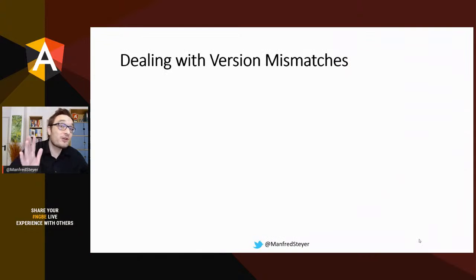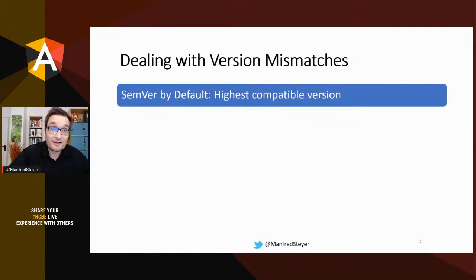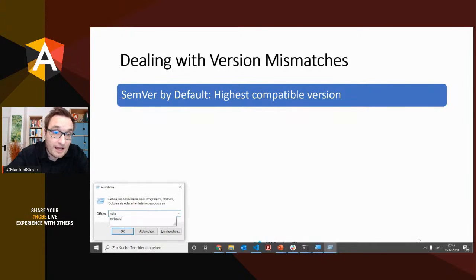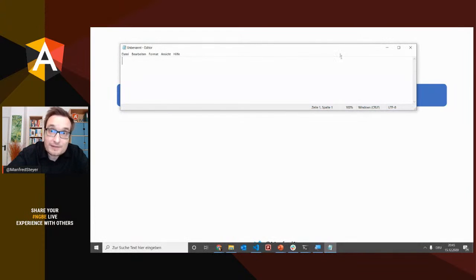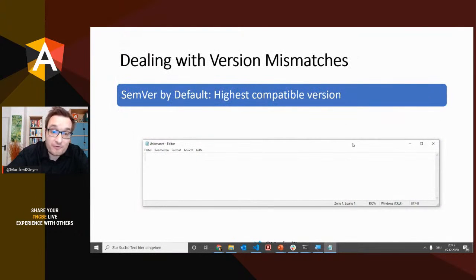And one of the best features of this rewrite is that by default, module federation is going with semantic versioning. And so it can detect the highest compatible version. So let me show you an example for this. Let's say we have a shell. This is my shell.